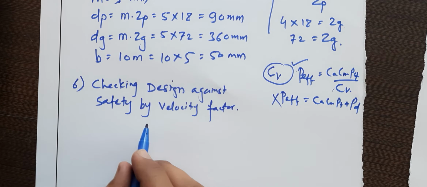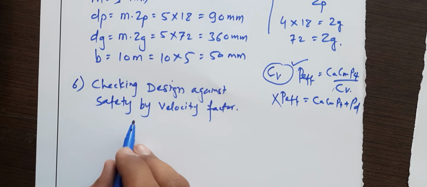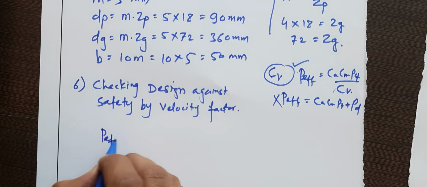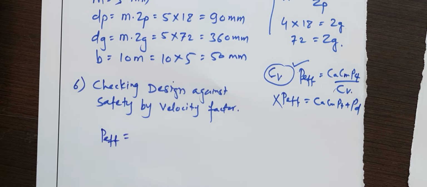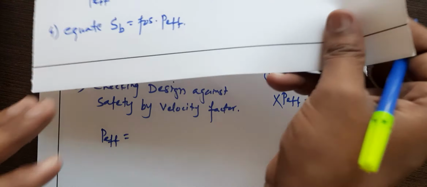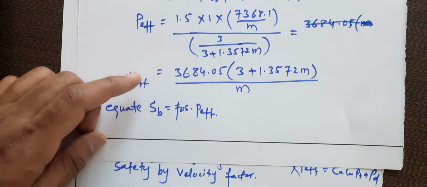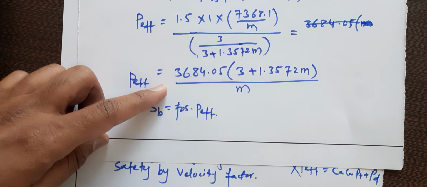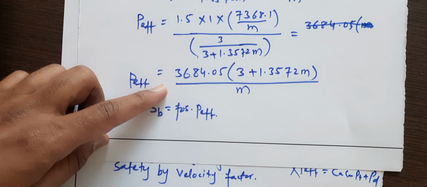By the velocity factor, you need to calculate P effective. We have P effective in terms of module: 3684.053 plus 1.3572 module, divided by module.